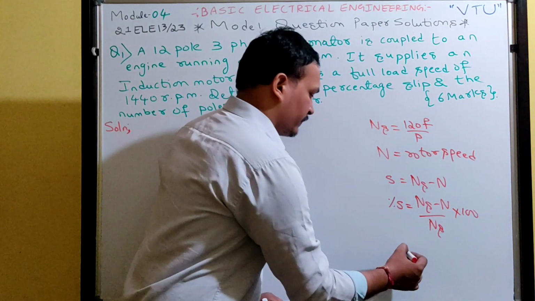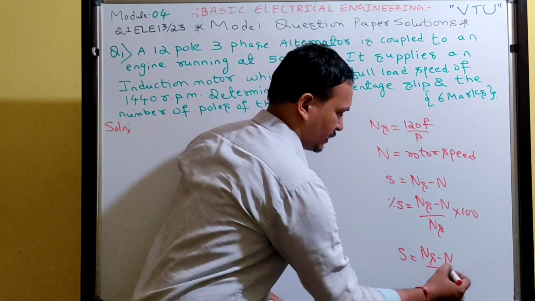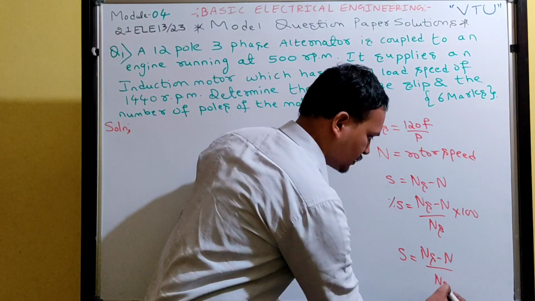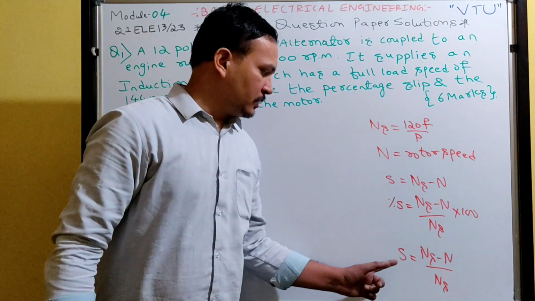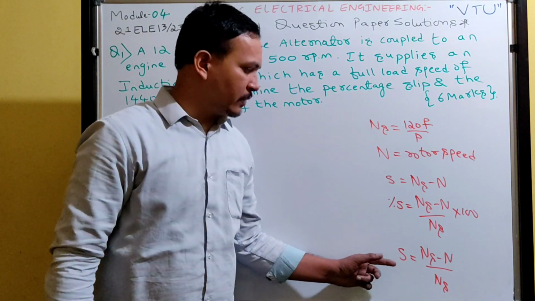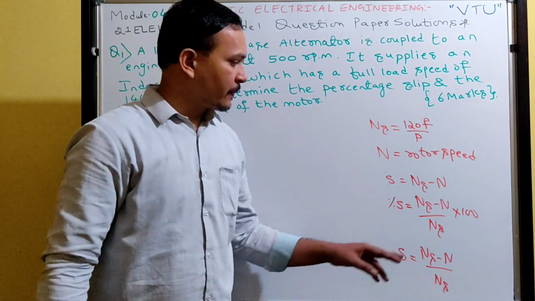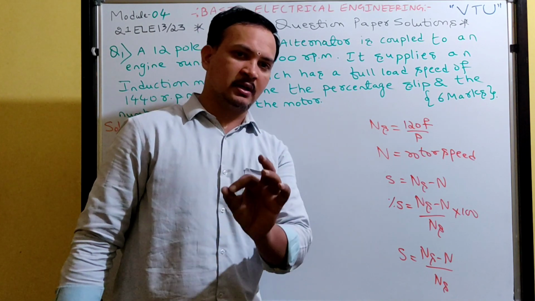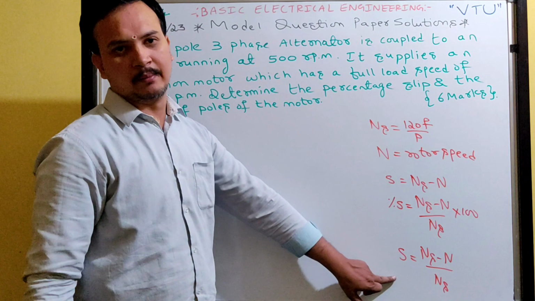If they ask for absolute slip, then you don't write 100. This is called absolute slip. The answer will be in terms of fractional digits, in terms of decimals, and the other is in terms of percentage. If they ask to determine percentage slip, use this formula. If they ask to determine slip, use this one.